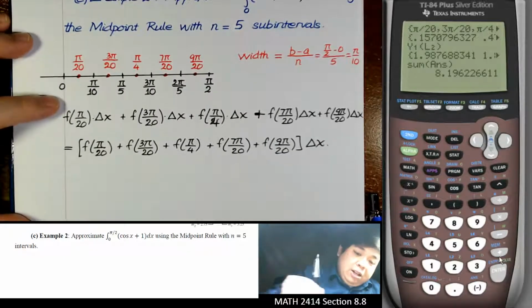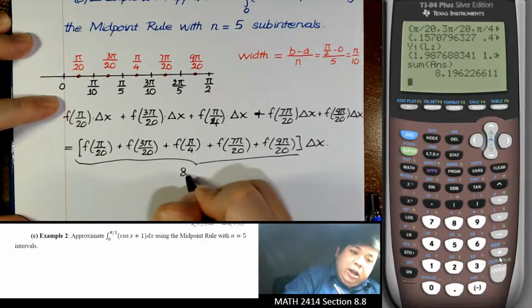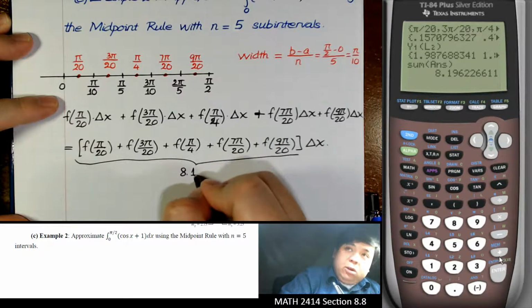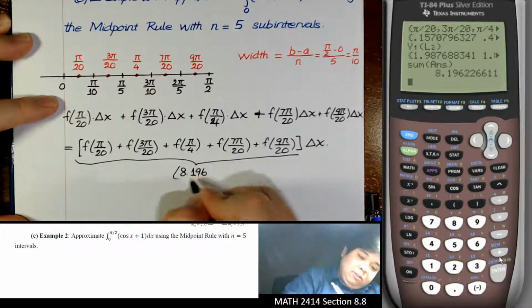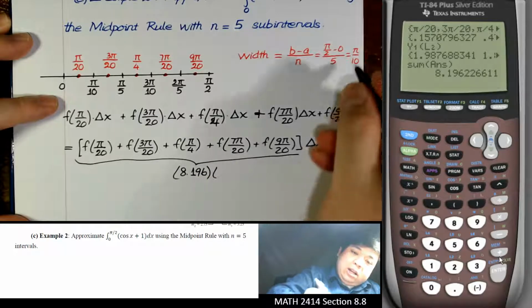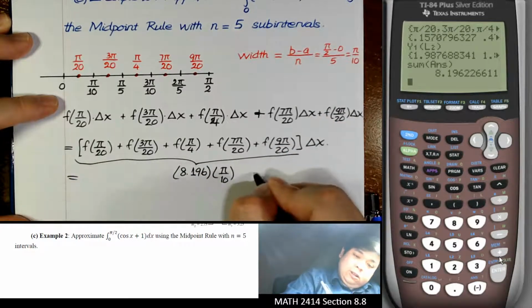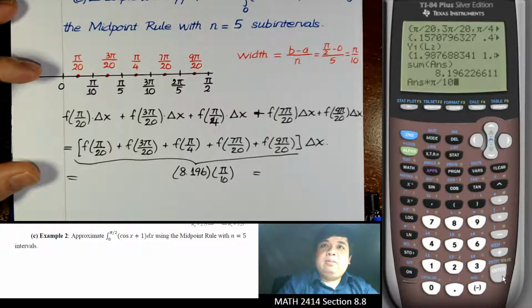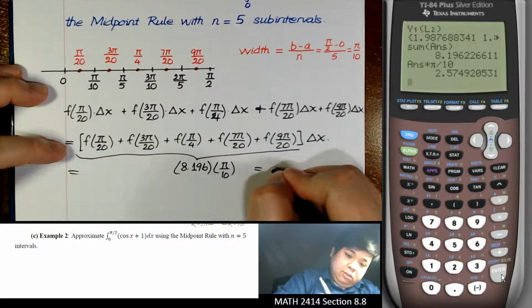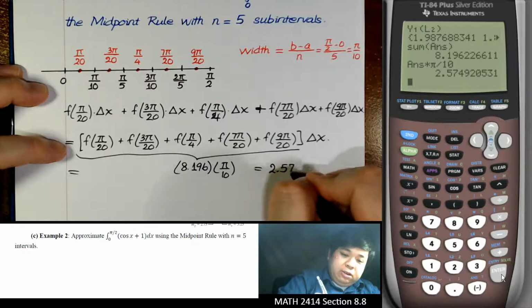So when we do all of that, 8.196, and then delta x is pi over 10, times pi divided by 10. 2.575.